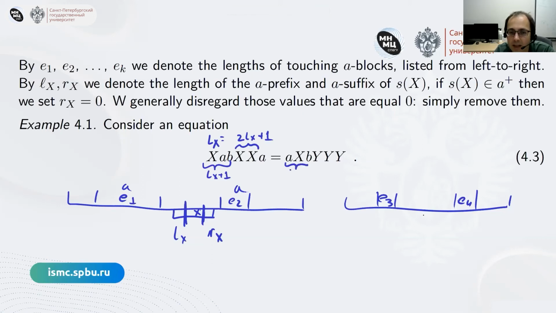This is of length LX plus 1. And this is of length 3LY. Actually, it's a different equation, because here it has A, and here previously it was X. Okay, so the lengths of the maximal blocks are like that. And for it to be a solution, we could say if Lx is equal to 1 and Ly is equal to 1, then this defines a solution.